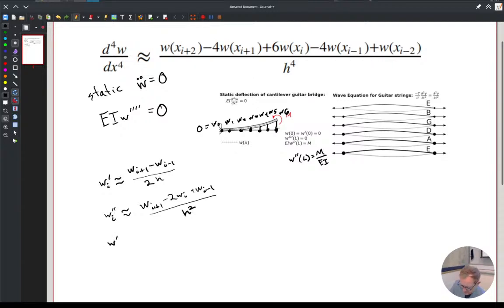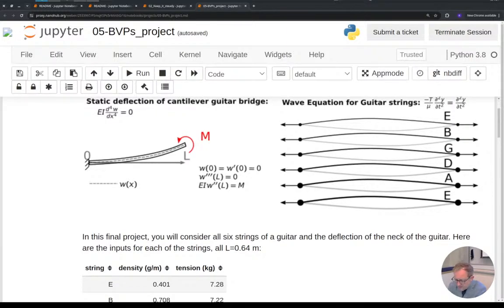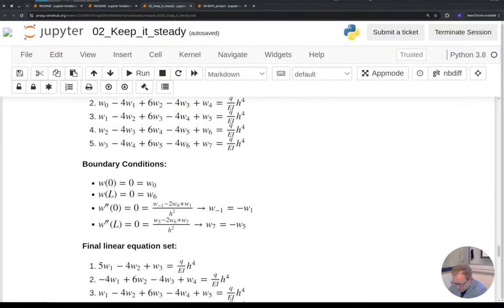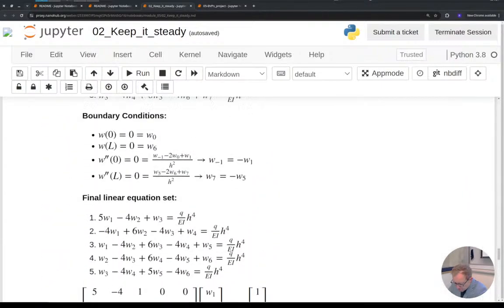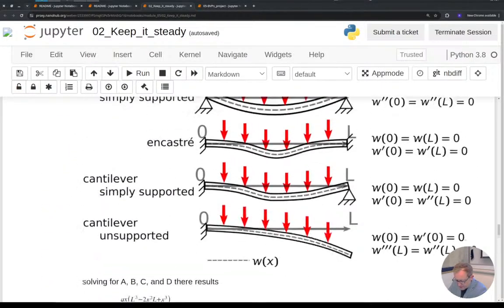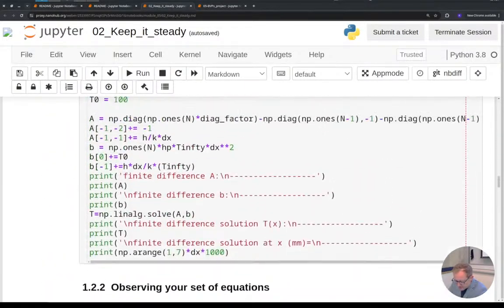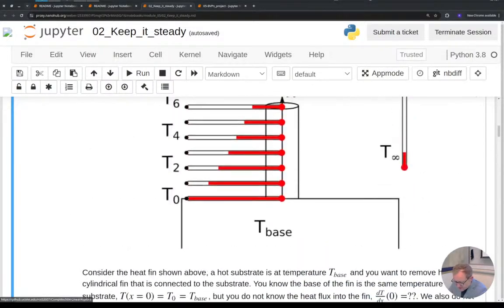And then W triple prime of i is going to be equal to, let's go back and check. I need that third central derivative here. That one I usually forget. First and second I got, but the third derivative, I feel like I forget.